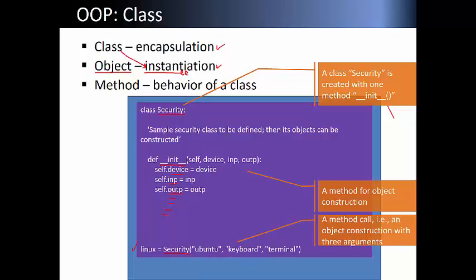So we can send according to what it expects for object construction. It expects 3. The first one, self, is not really a parameter that you transfer. Well, it has to be there. It has to be there, right, in Python. So device, input, and output.